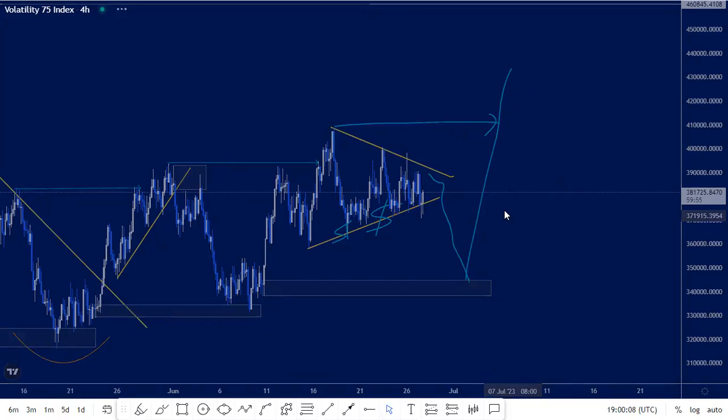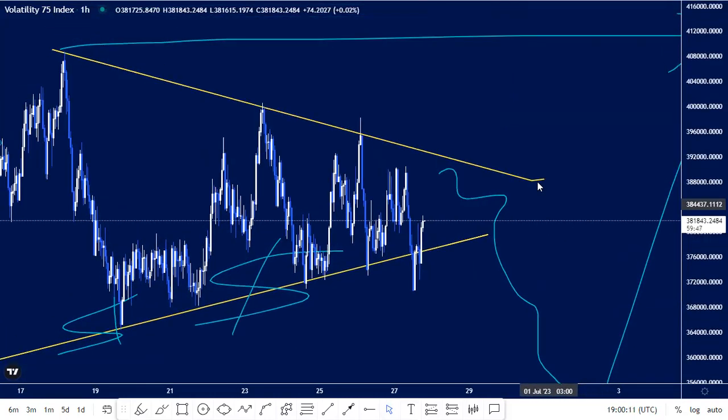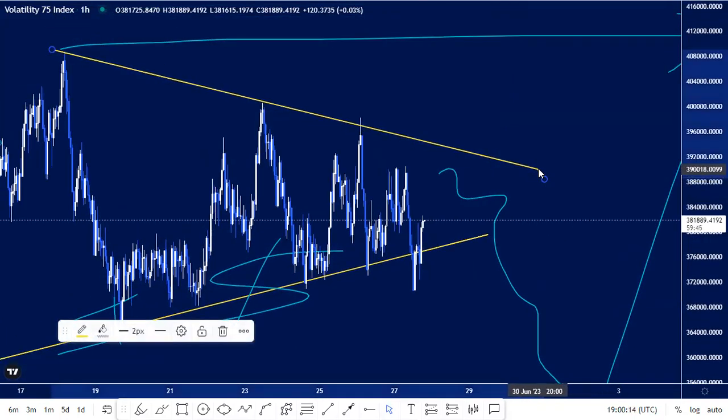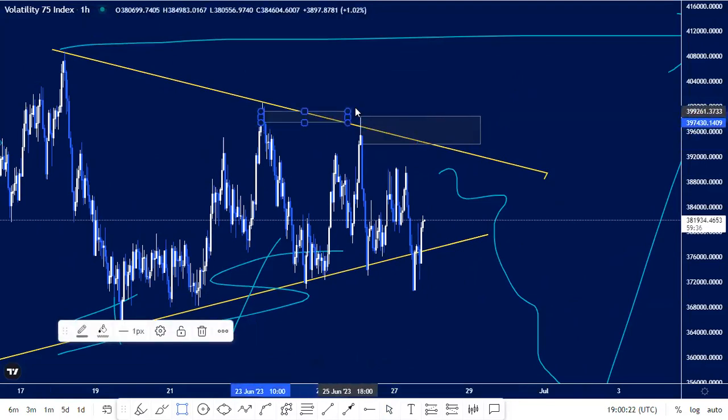And I actually sent the setup in the signal group, the setup of the zone that we're looking forward to here. I'm looking at this supply. I remember last week we spoke about this other supply. We had pending orders there, and those ones were triggered, and they are still in profit.